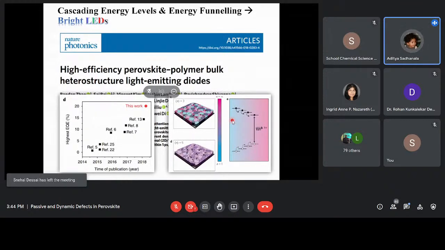So this is a 2D/3D perovskite which has multiple band gaps, where all the charge carriers go to this lower energy band gap, like what happens even in the defect. When a defect forms, all the charge carriers go to the defect and it becomes very bright. And this concept has been intentionally used here to make very good LEDs. Okay, with around 20% efficiency. This is a green LED, right?